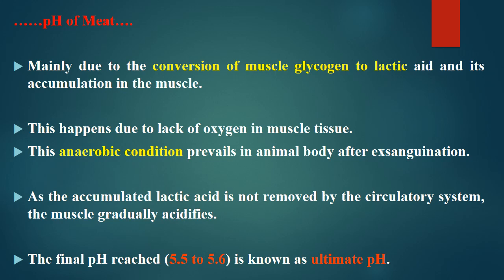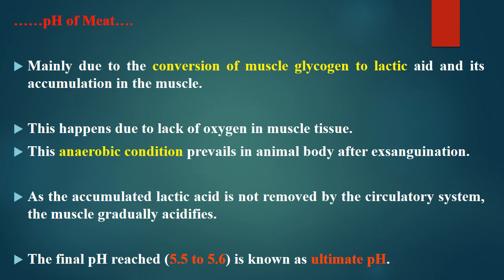We have thoroughly discussed the conversion of muscle to meat in one lecture. There we first discussed the decline of pH after slaughter. This pH change happens mainly due to conversion of muscle glycogen to lactic acid, which starts accumulating in the muscle, and pH declines. This happens due to lack of oxygen in muscle tissue.